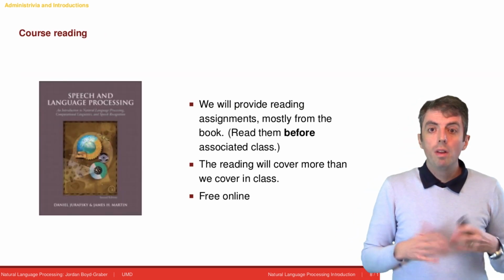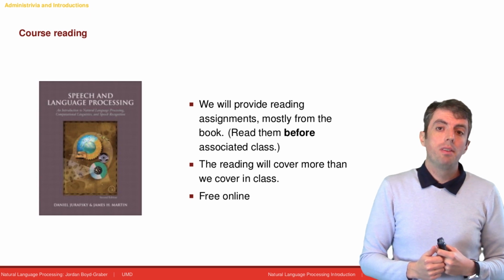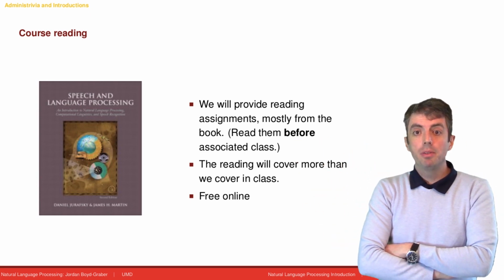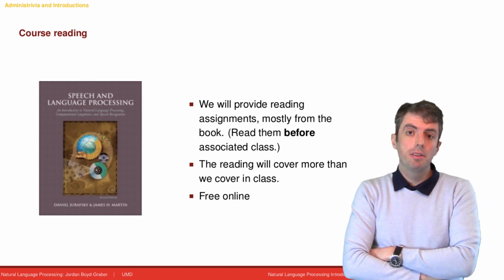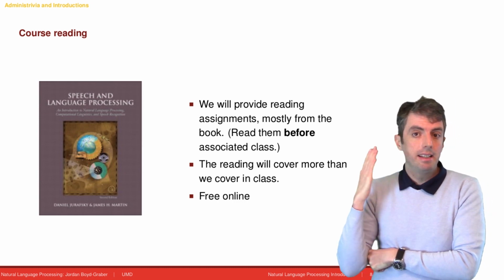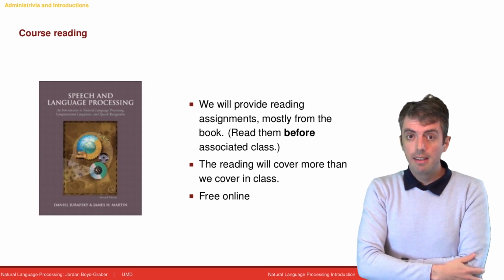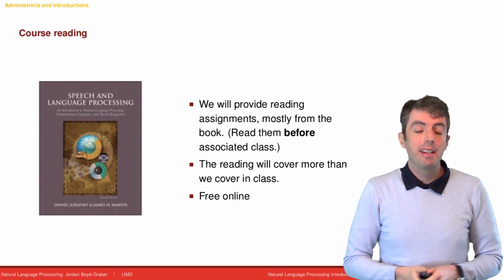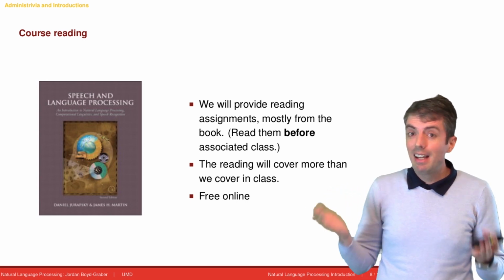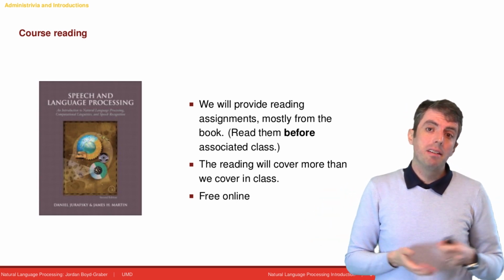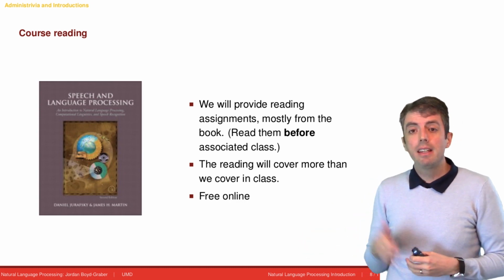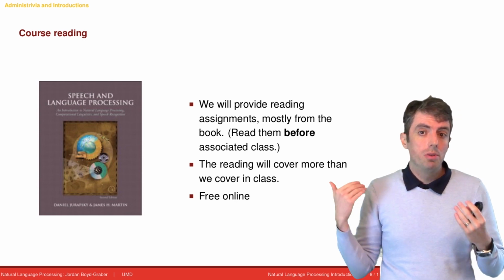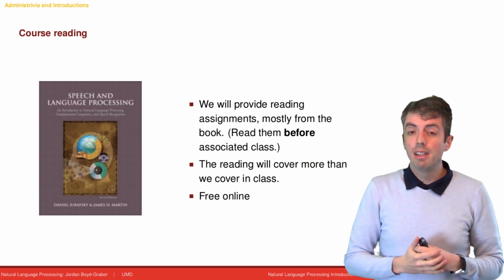We'll be using the 3rd edition of the book Speech and Language Processing. It's a great book written by people who are either currently at or were formerly at the University of Colorado. It is the standard book for courses like this. However, the 3rd edition isn't out yet, so this is a picture of the 2nd edition right here. That's bad news in that you can't actually buy it at a bookstore, but it's good news in that the draft chapters are online for free at the moment, so you'll be able to read these materials online.